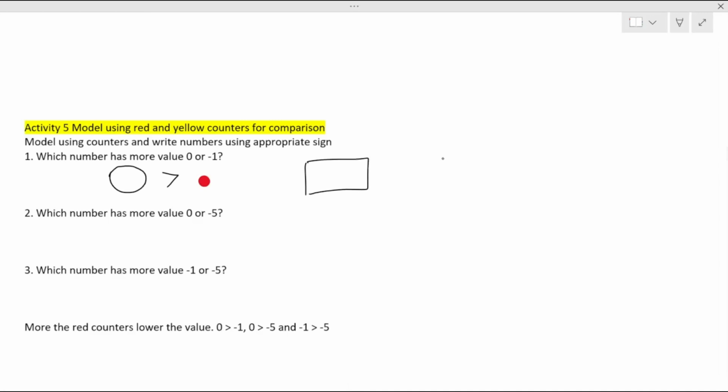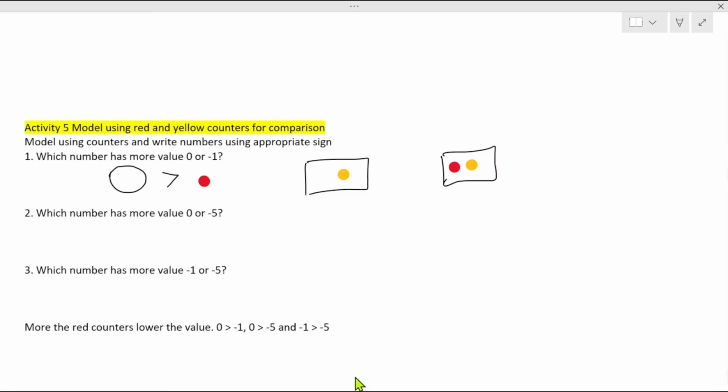One friend has nothing and the other friend has one red. How can I prove that the person on the left has more? I give both of them, without any partiality, just one yellow counter each.